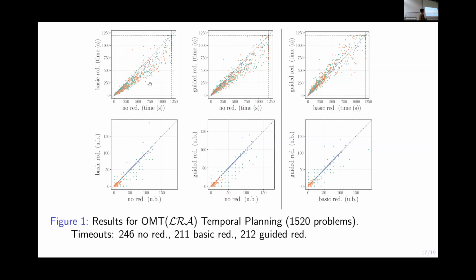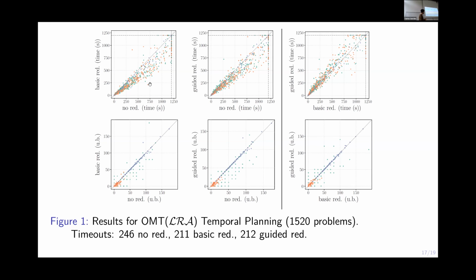So we can see that using either of the reduction improves the running time generally, sometimes up to twice as fast. And also the quality of the best upper bound found within the time limit.